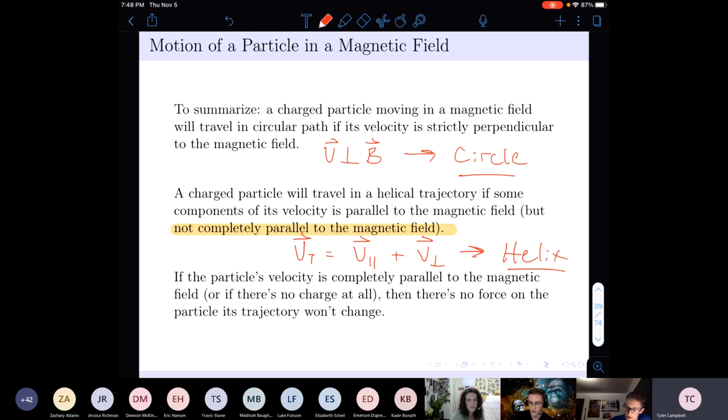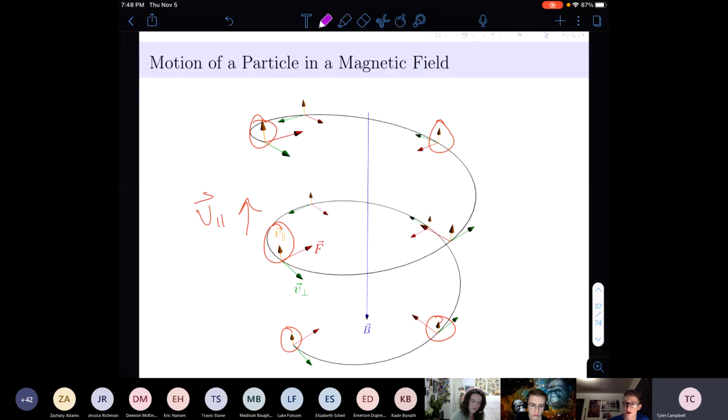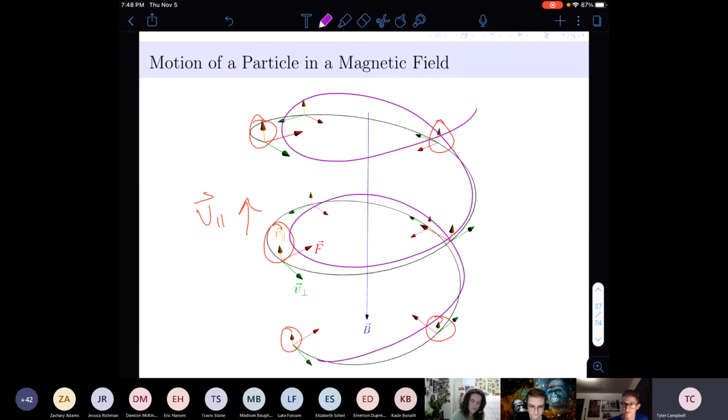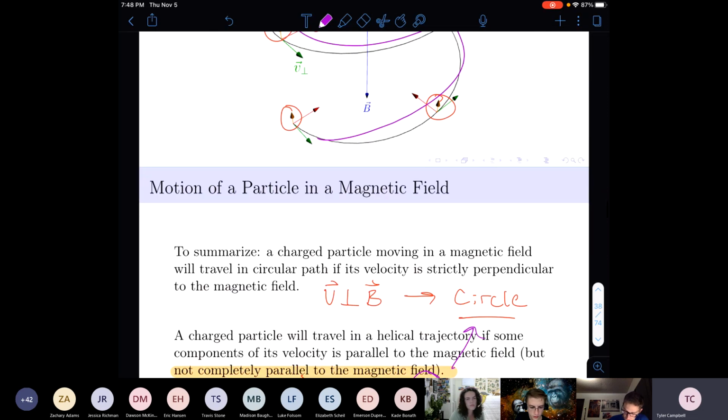Remember, the perpendicular component creates my circle, and the parallel component is unchanged, meaning the field does no work on that at all. It doesn't even touch it. So I still get that parallel path, which back in this example was straight up. That's why you see that moving circle.